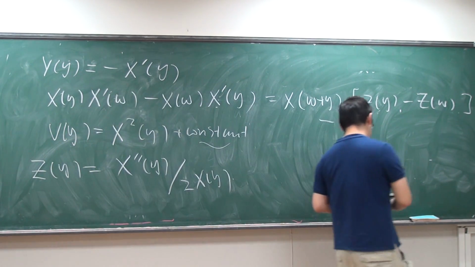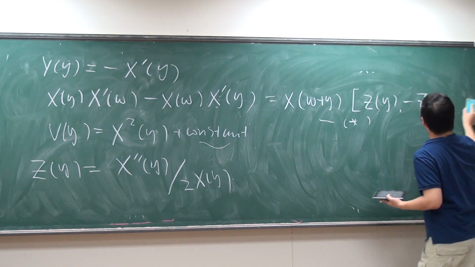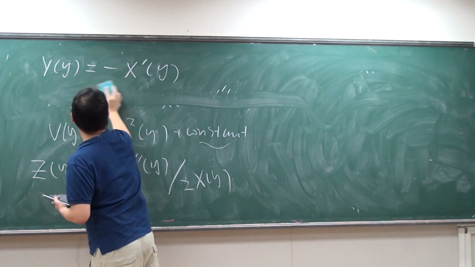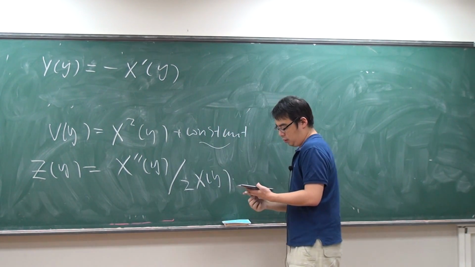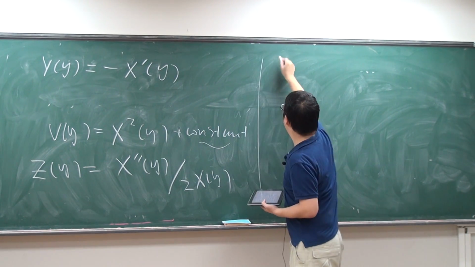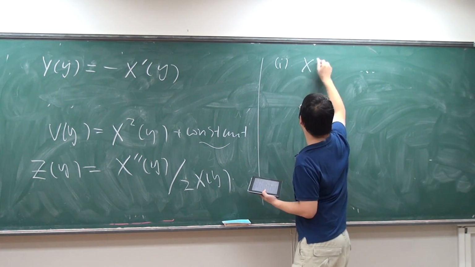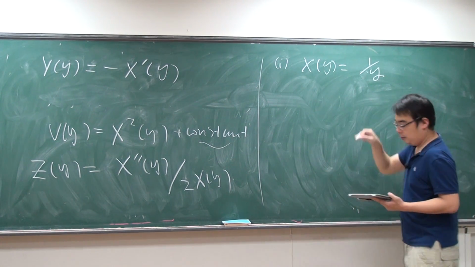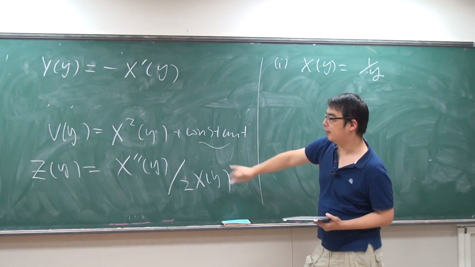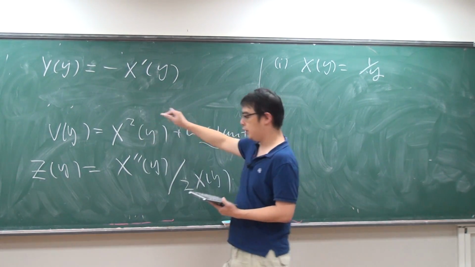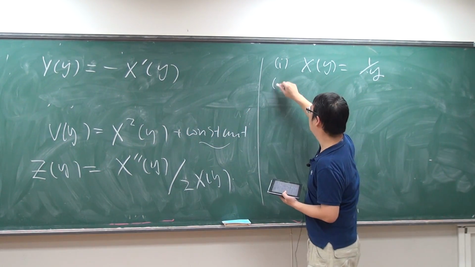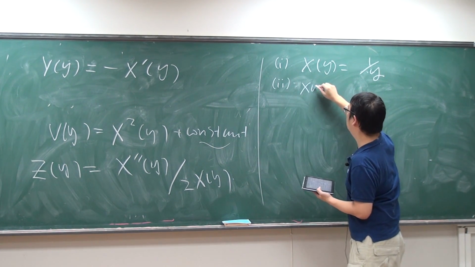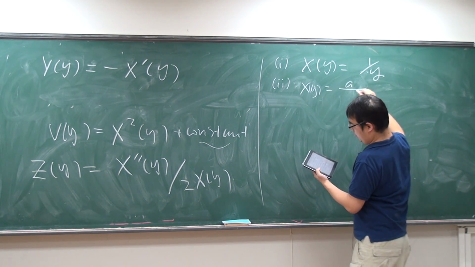Okay, so we can write down for various cases. For example, the first one, your function x y is simply 1 for y, then you can deduce a lot of guys from those relations. And the second one, x y equal to a over sinh y.